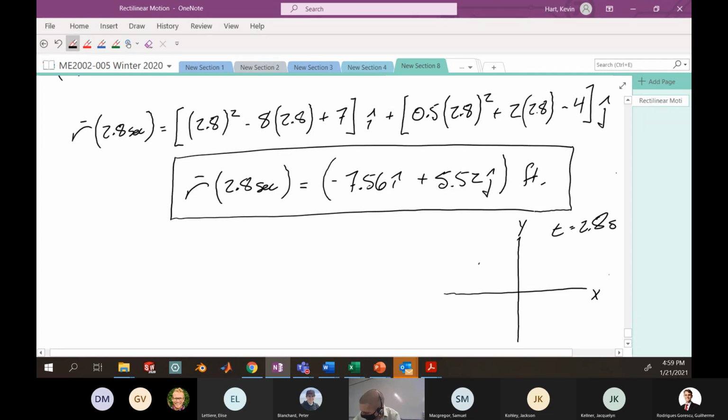So let's just call that here, because that looks about right. So here I'll say that's where my particle is located in this two-dimensional space at 2.8 seconds on the clock.